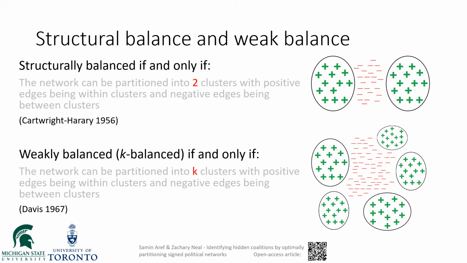When we want to compare the fitness of two different partitions on a given network, we consider that the partition with fewer frustrated edges is more suitable and represents the underlying structure of the network in a better way. So in the next couple of slides, I'm going to provide results on this comparison of finding the most suitable partition of signed networks of legislators.